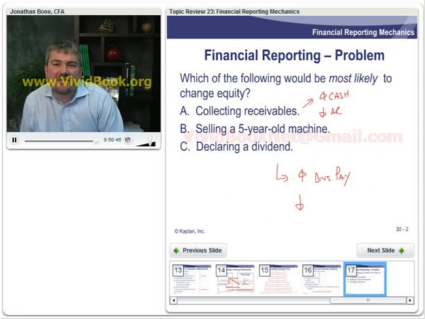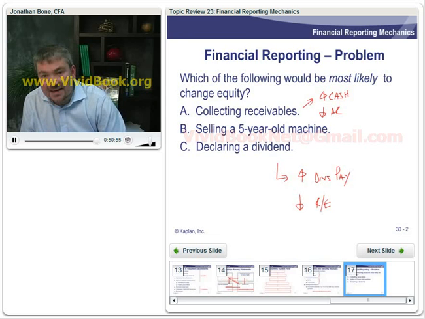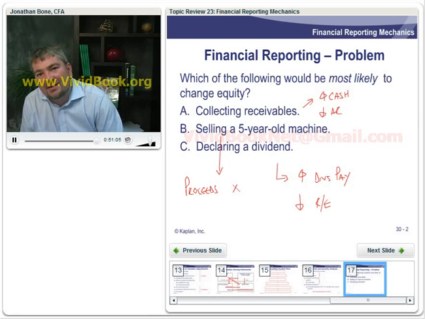Selling a 5-year-old machine. Possibly it could change equity, because remember, the change in equity, what the accountants do at the time of disposal is they look at the proceeds they receive from the disposal of some plant, property and equipment. They then compare it to the balance sheet carrying value of that asset at the time of disposal, and any difference gives you essentially the accounting gain or loss that goes through the income statement.